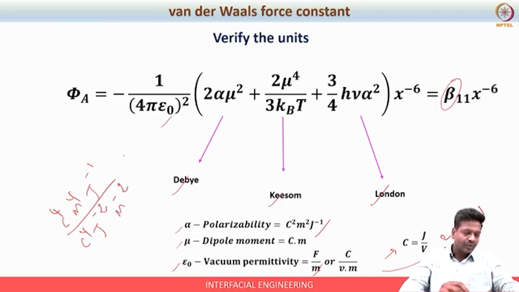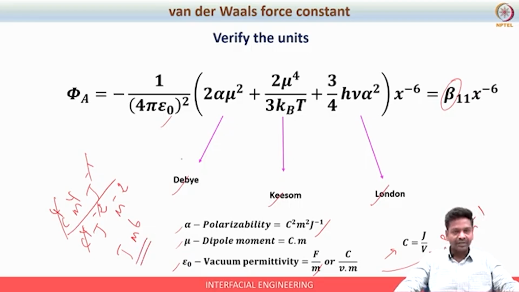In this case, the coulomb unit will not survive; both will get cancelled with each other, and you will have joule and meter power 6. So the unit consistency is verified for the case of Debye. You can verify yourself for the case of Keesom and London.